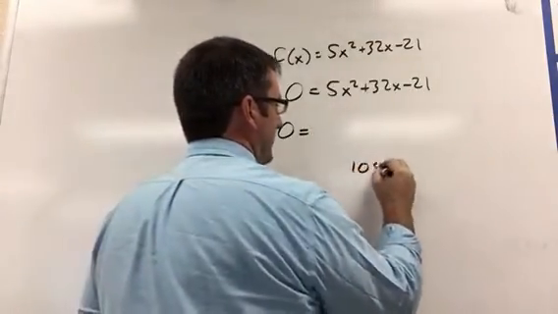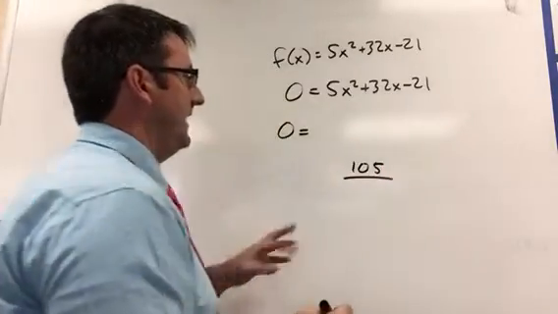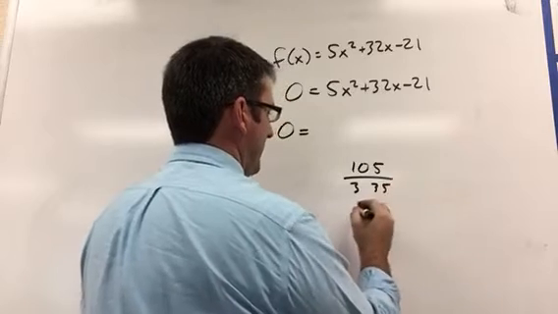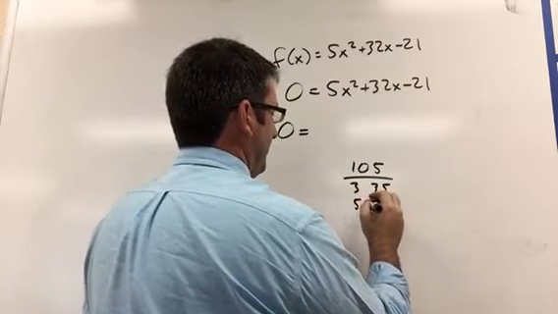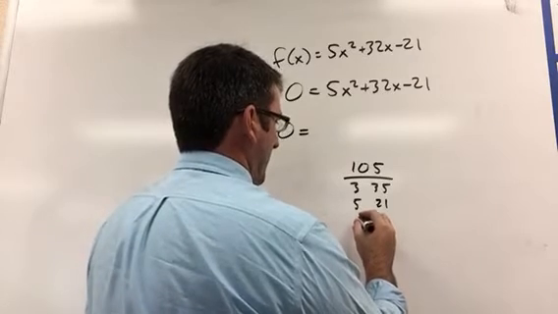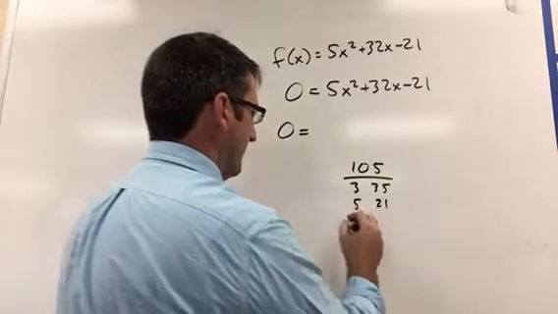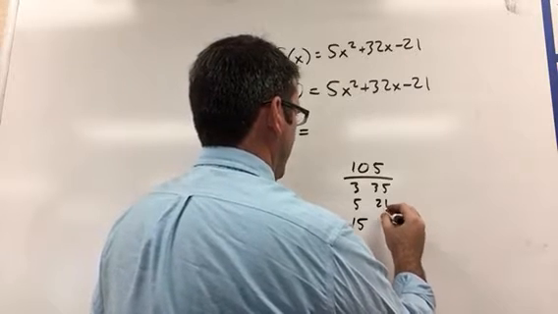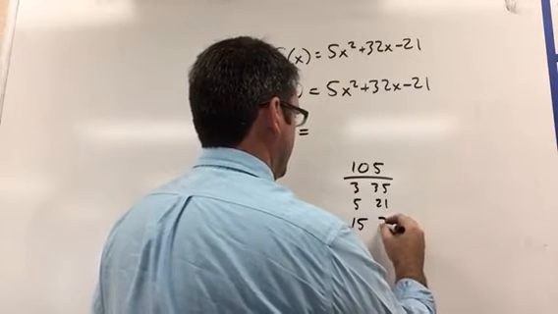That's 105. And the factors of 105, we've got 3 and 35, or 5 and 21, or we've got 15 and 7.